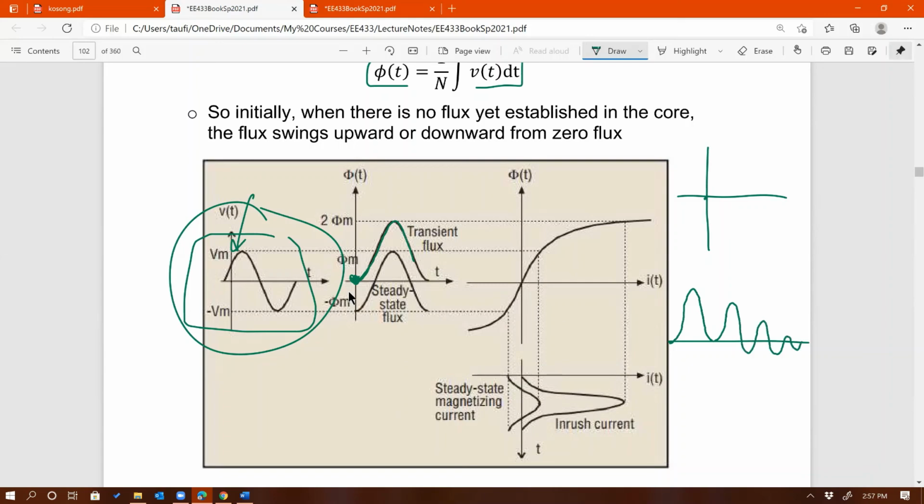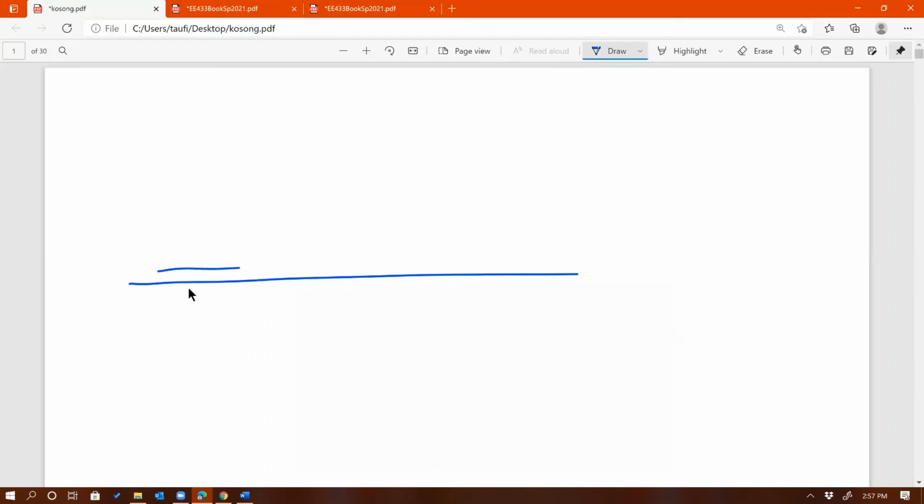Sorry. Maybe here. Glitch again, I hate that. So start from 0, and then eventually, once the flux is established, in steady state you have the cosine function that you are expecting.